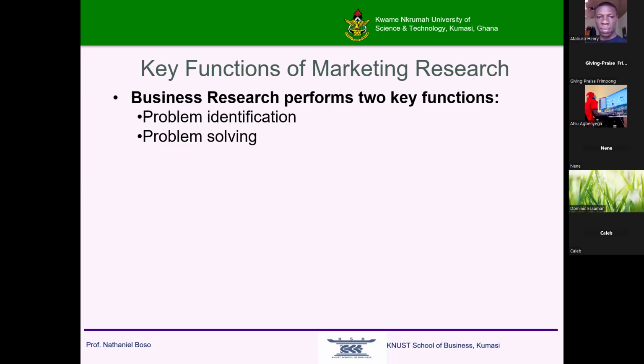It could be an undesirable situation that we want to get rid of, or a situation that is creating an opportunity for exploitation. Okay, so what business research helps us achieve is to, one, identify and define that problem more clearly. And business research could be conducted purposefully to resolve that problem.